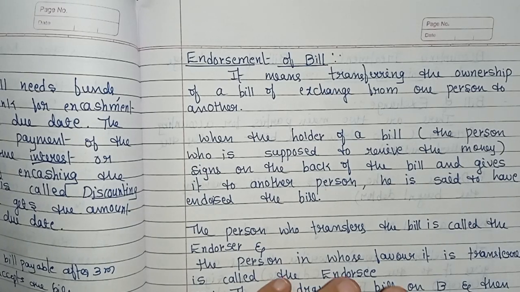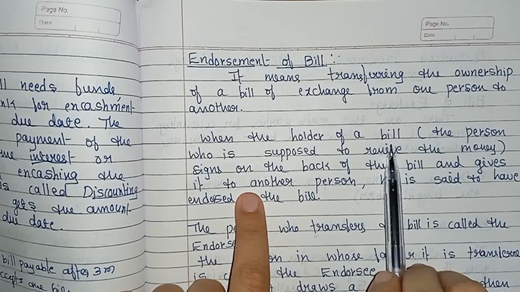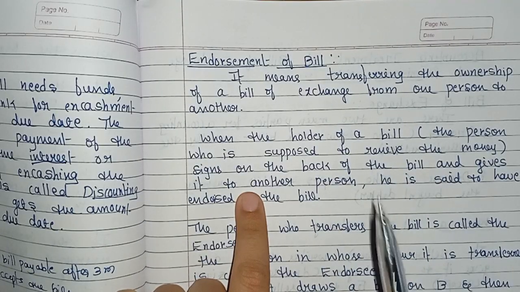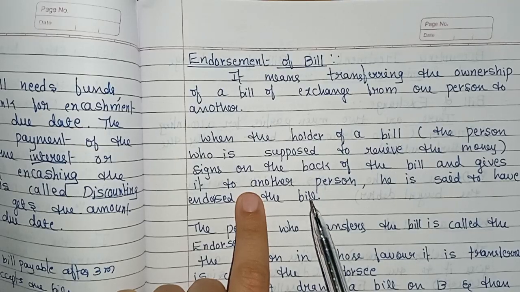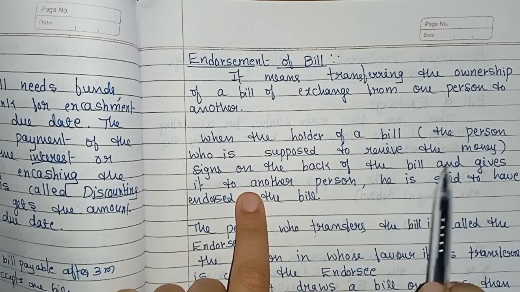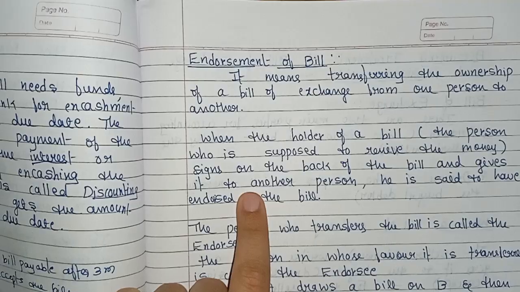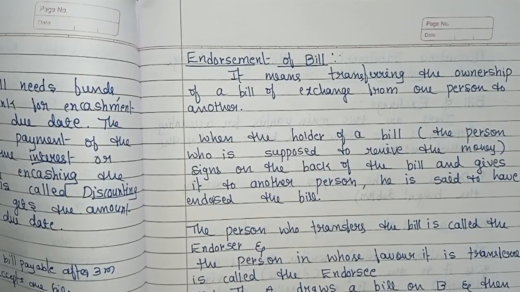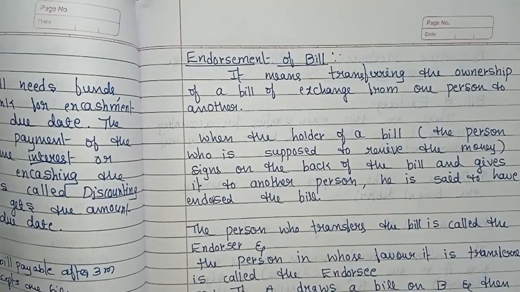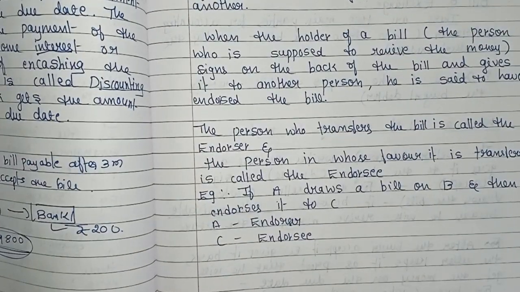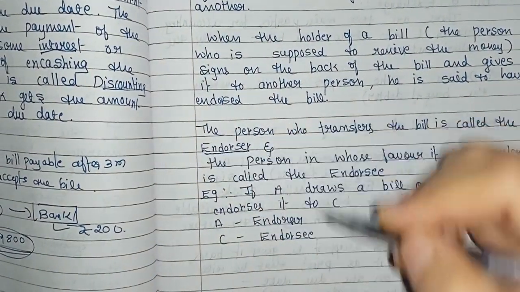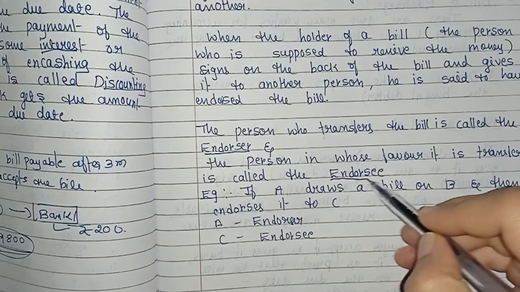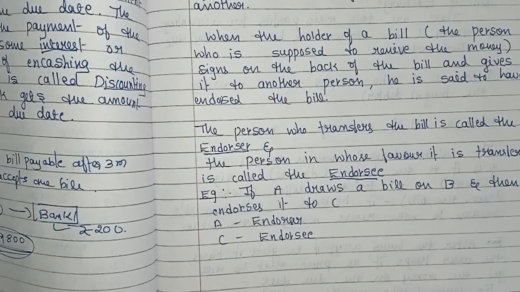Clear? It means when the holder of a bill, the person who is supposed to receive the money, signs on the back of the bill and gives it to another person, he is said to have endorsed the bill. The person who transfers the bill is called the endorser, and the person in whose favor it is transferred is called the endorsee.